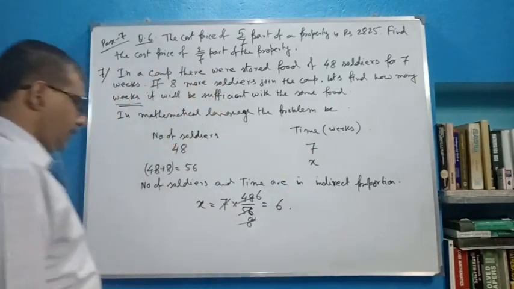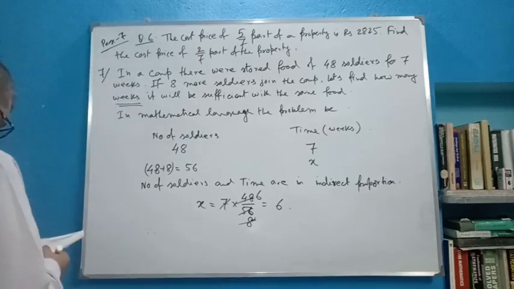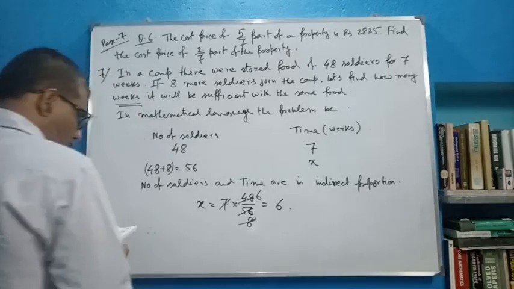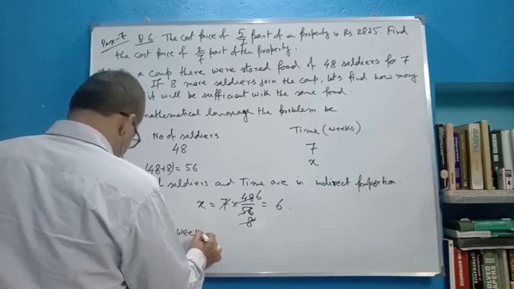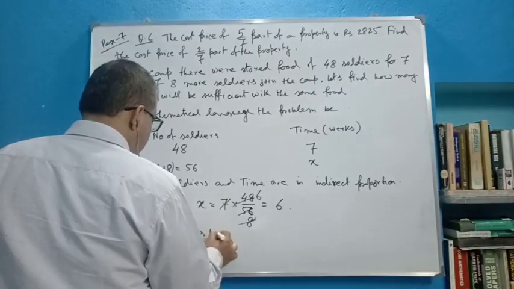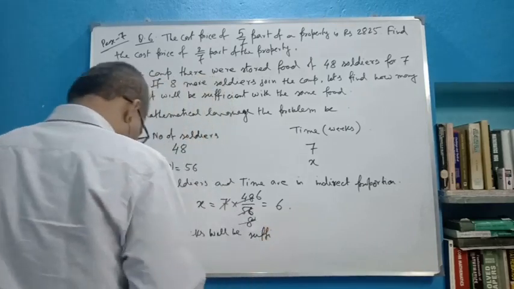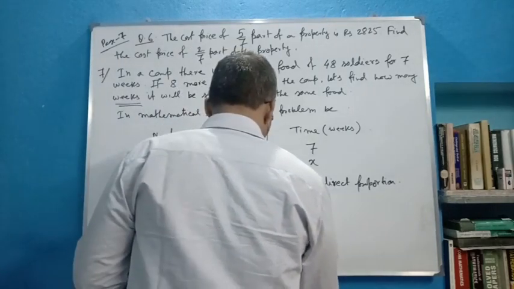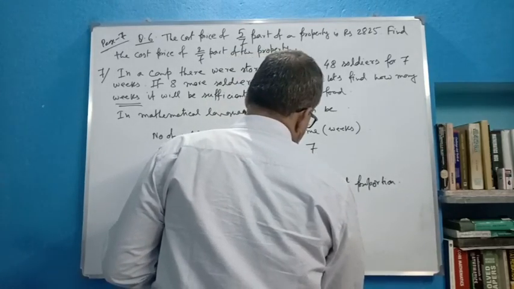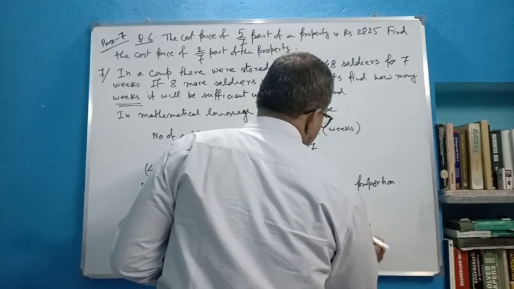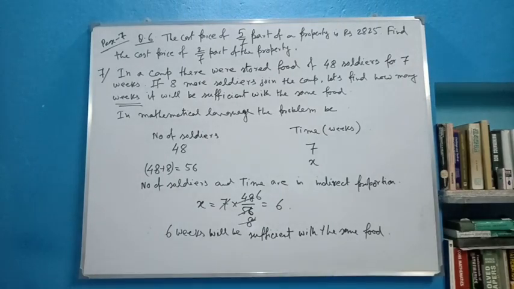So x is equal to 6. Therefore, how many weeks? 6 weeks. Write down the answer: 6 weeks will be sufficient with the same food.